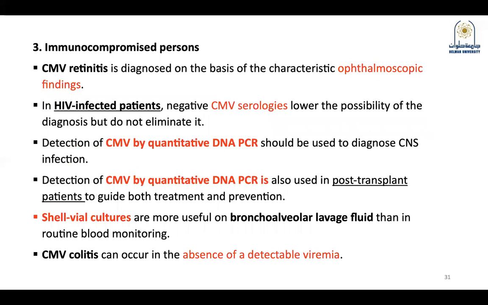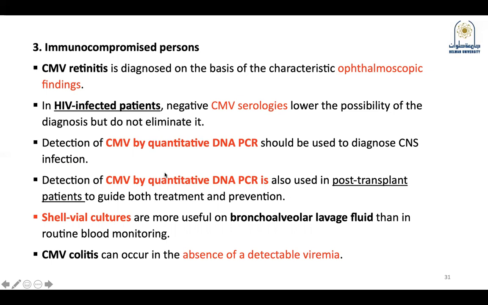In the immunocompromised cases, of course, the diagnosis of CMV retinitis depends on the ophthalmological features. The diagnosis of CMV patients depends on the serology. CMV PCR is very diagnostic in 2 organs, if the cytomegalovirus affects the lungs or the gastrointestinal tract.